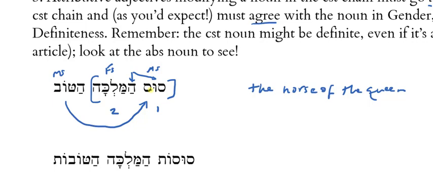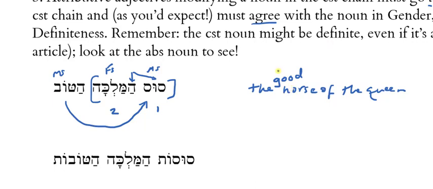And so this is the horse, and the good has to be articular as well. So good is modifying horse, but not queen, because queen is feminine singular, and if hatov were modifying that, it would have to be hatova. So this is to be translated as the good horse of the queen. The good horse of the queen.